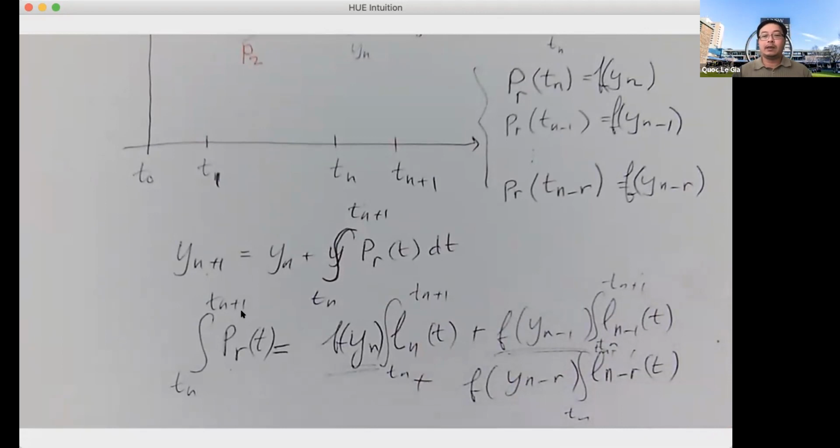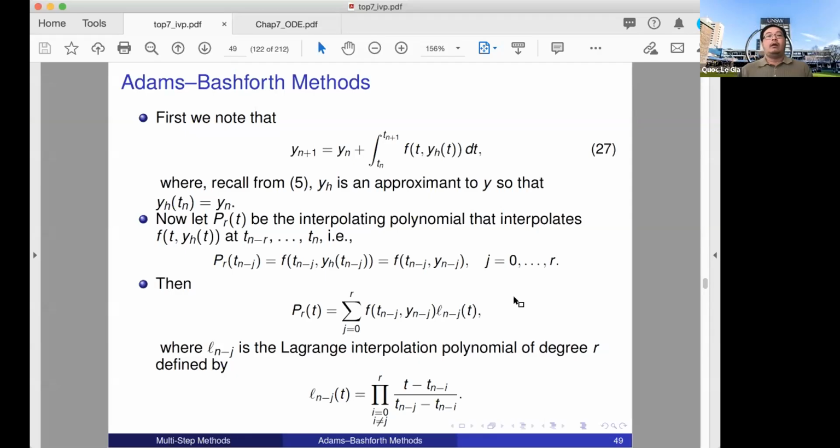So we go back to the slide and make the calculation more precise. Now we have yn plus 1 equal yn plus the integral from Tn to Tn plus 1, and you approximate f by the polynomial PR, where PR of Tn minus j equals f of Tn minus j.